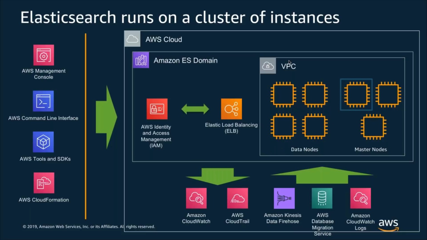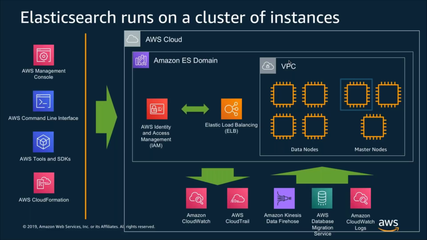We also have master nodes. Master nodes are orchestrators, so they do not respond directly to requests, but they do hold the cluster state in terms of the number of indexes, the kinds of schema that you have, the instances that are in the cluster, the location of all of the sharded data that you have in there.